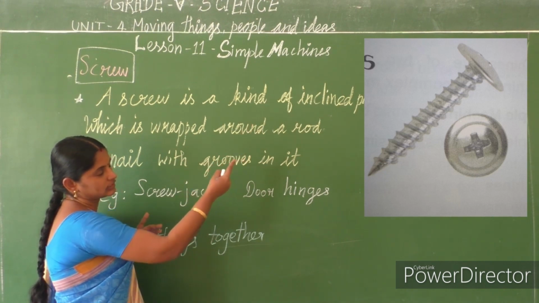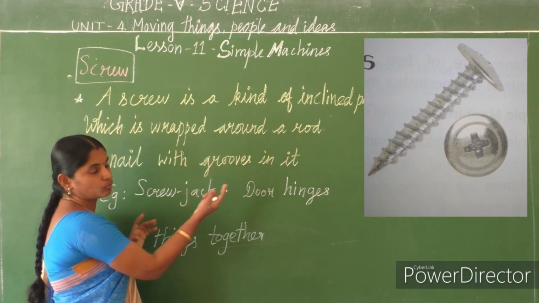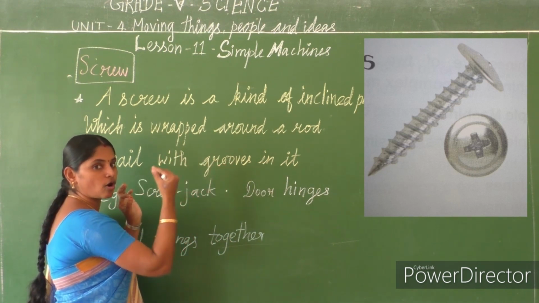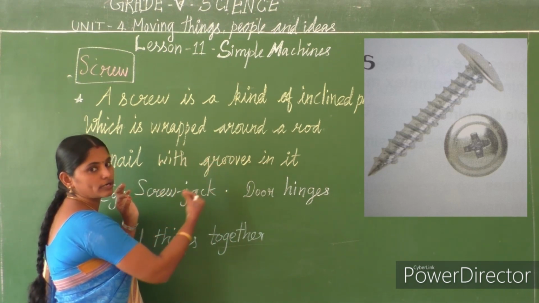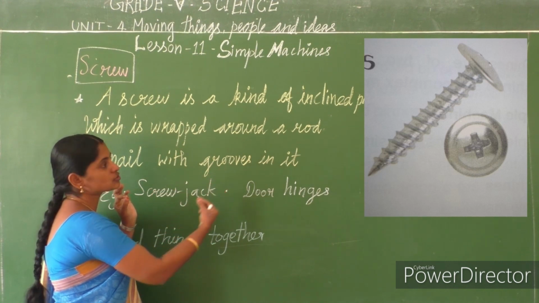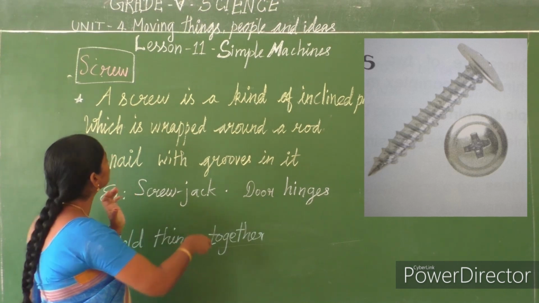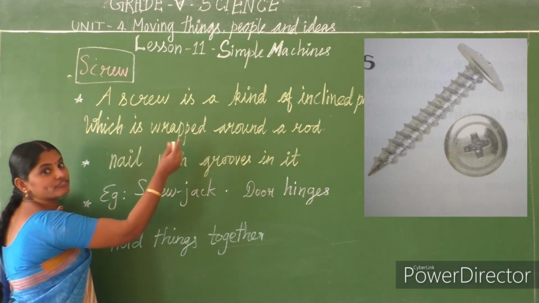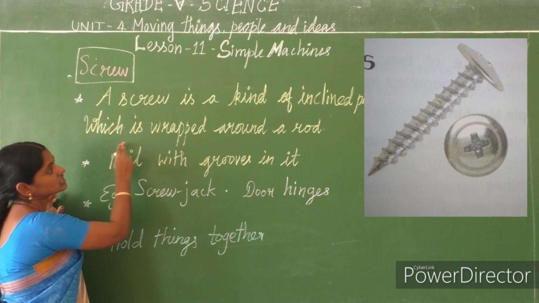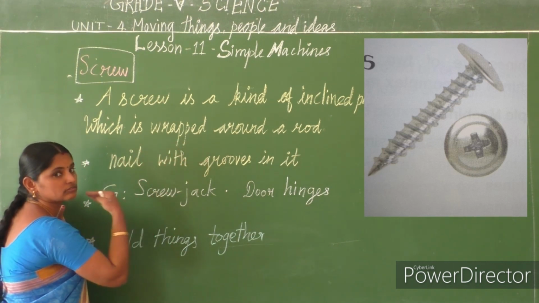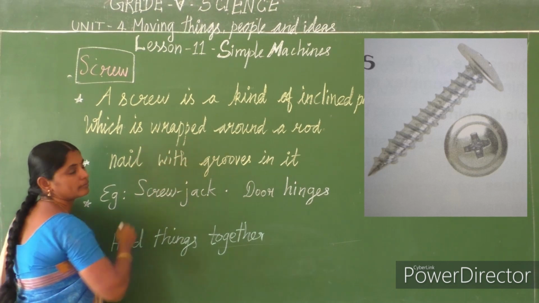See, look at that setup. Here one rod is there. The rod is surrounded spirally by an inclined plane. See, a screw is a kind of inclined plane which is wrapped around a rod. Wrapped, meaning coiled around.